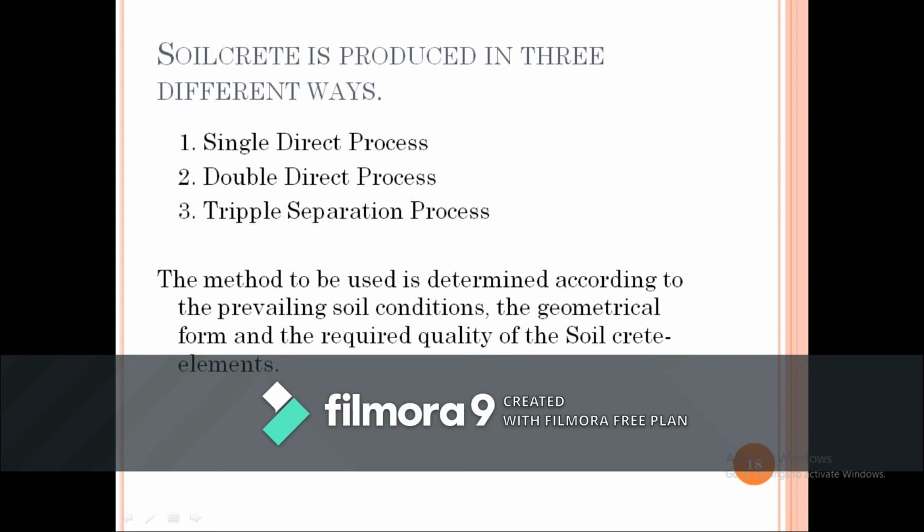Depending upon the geometrical form and the quality of soilcrete, you are going to use this technology. There are three different processes: single, double, as well as triple. So let us see what these are.